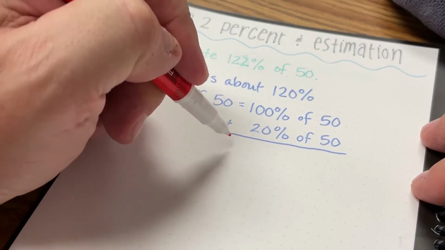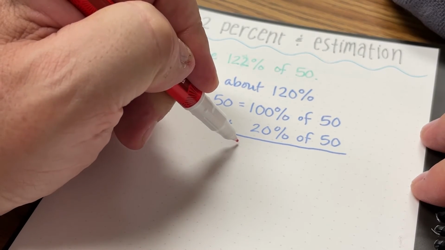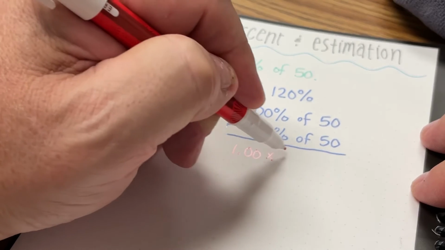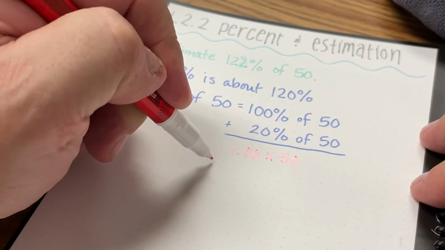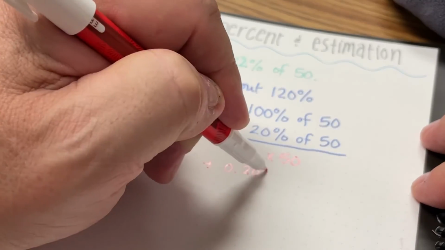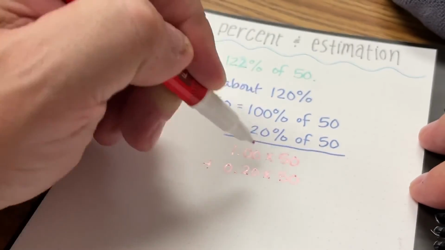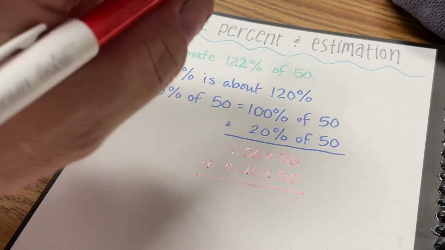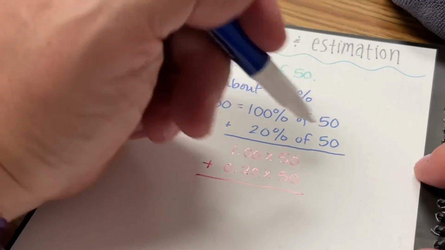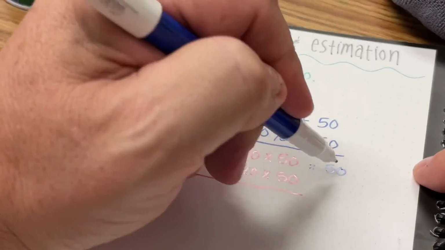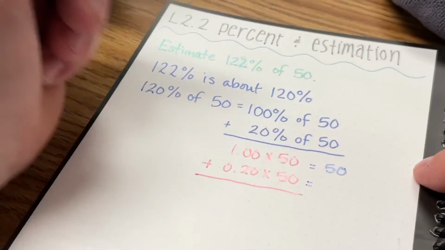Now I can think of 100% of 50 as a decimal, which would be 1.00 times 50, and that 20% could be the decimal 0.20 times 50. And if I simplify that, I'll get 1.0 times 50, which would equal 50.